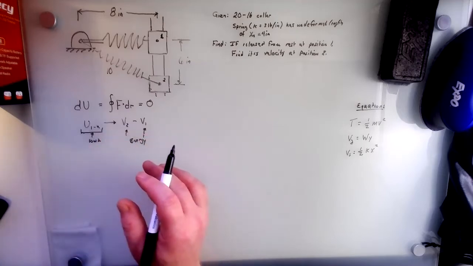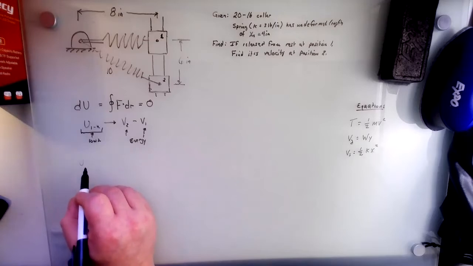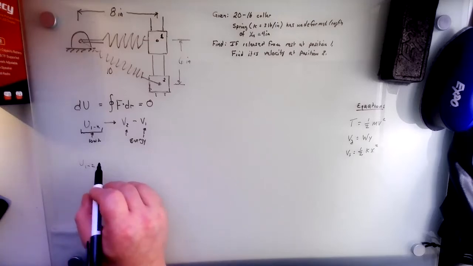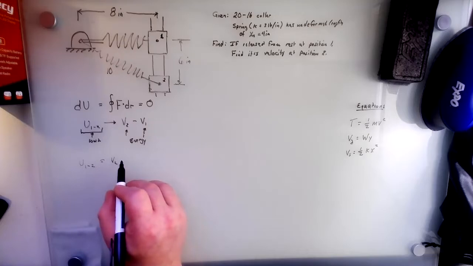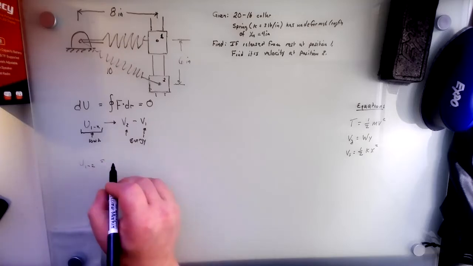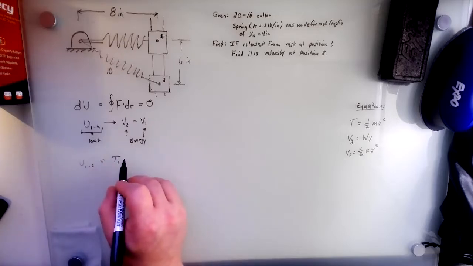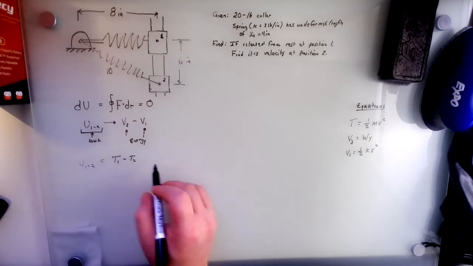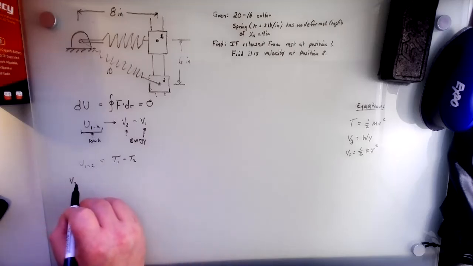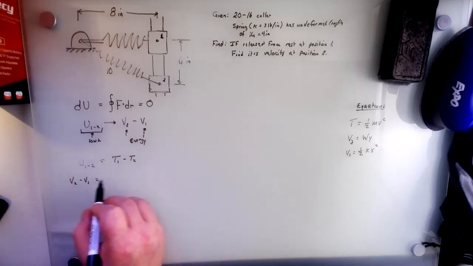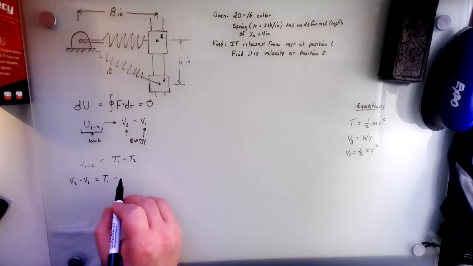And so, just to finish this, instead of getting T1 minus T2, like we did before, instead we get V2 minus V1 equals T1 minus T2.